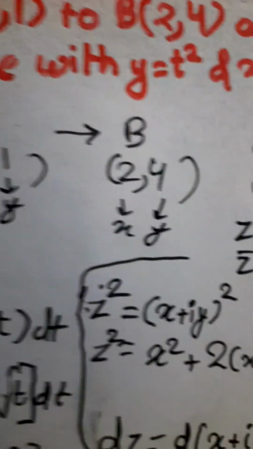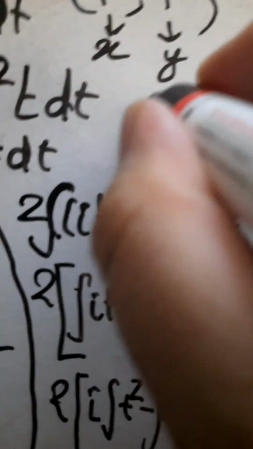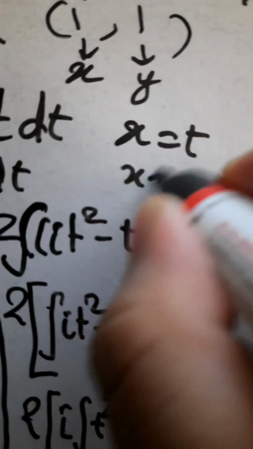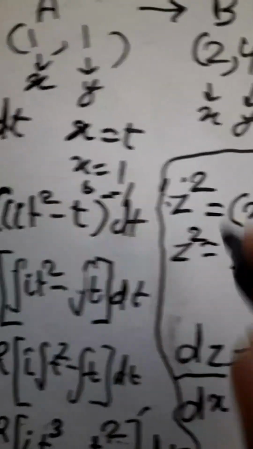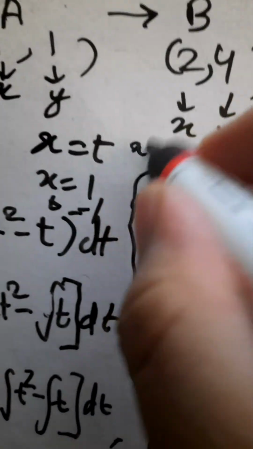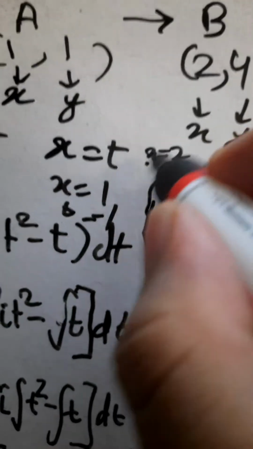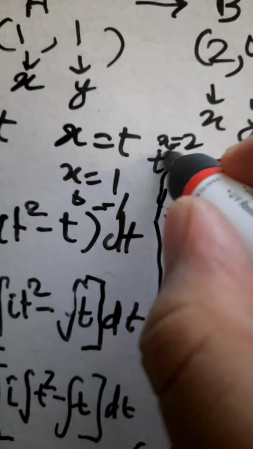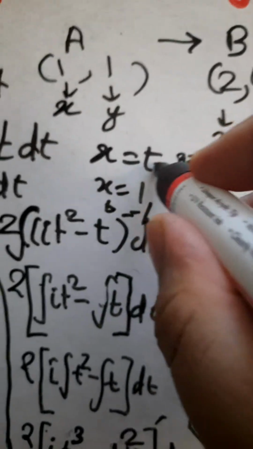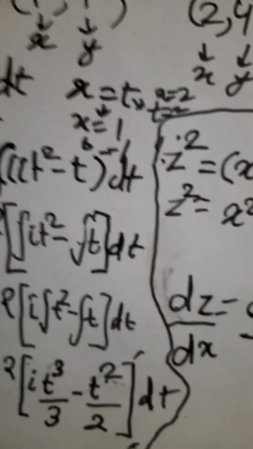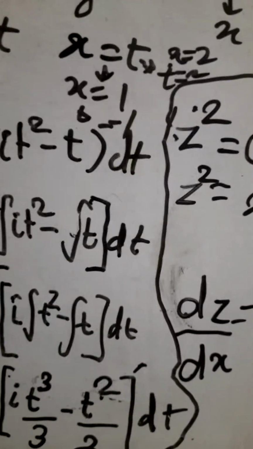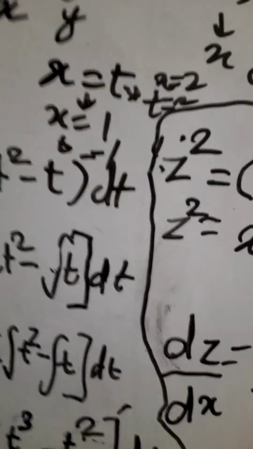So we have to substitute this t in x. So since x equal to t and here x equal to 1, so t equal to 1 in lower coordinate. In upper coordinate x equal to 2, x equal to t, then t equal to 2. Simple, right? Here also. So x equal to t, then x equal to 1, then t also equal to 1.